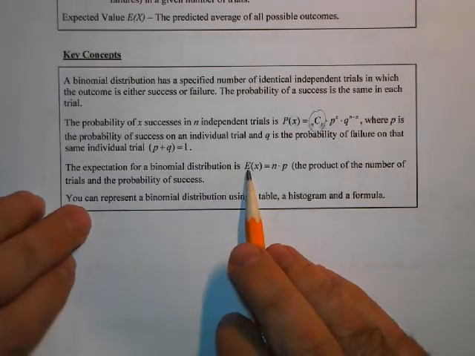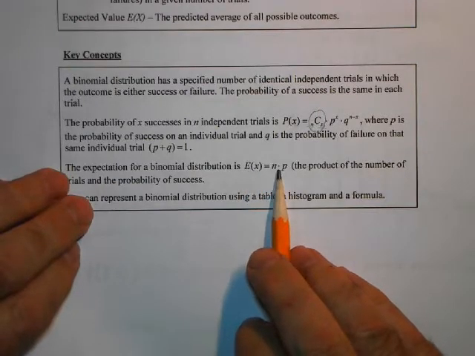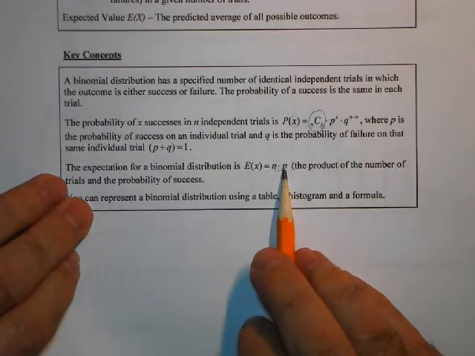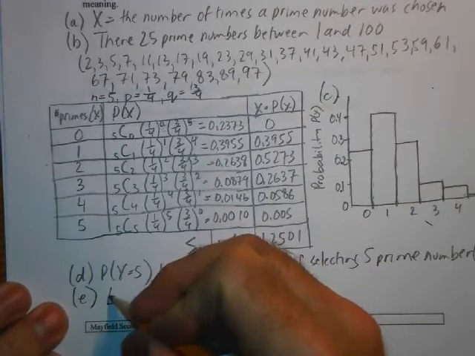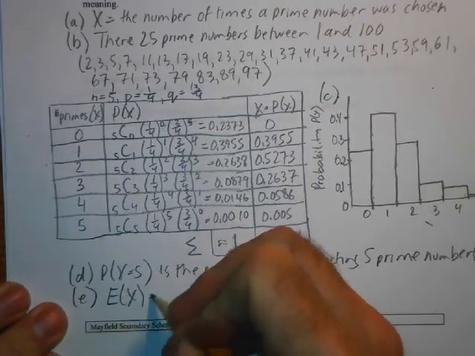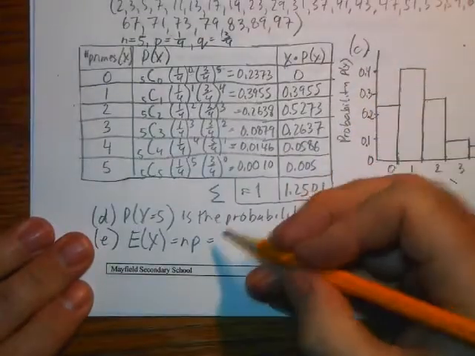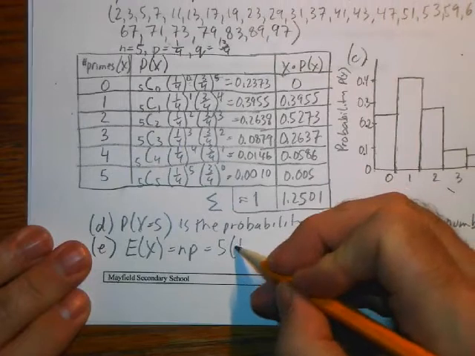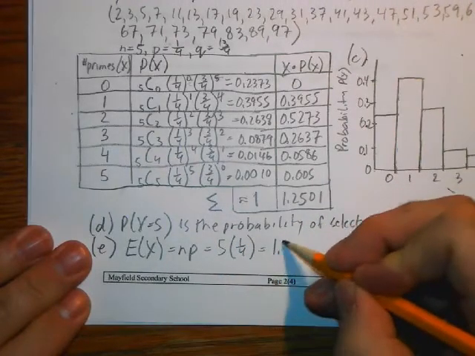So the expected value, E of x, is equal to n times p. n is the number of trials, p is the probability of success. So I'm going to do it that way. E of x is equal to np, which is, in our case, n is 5, p is 1/4. So that's 5/4, which is 1.25.